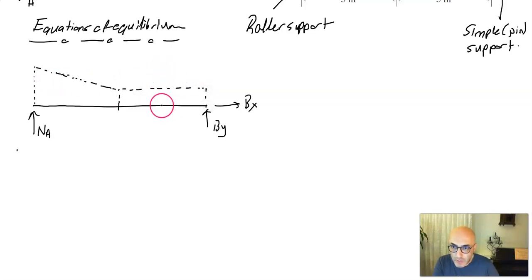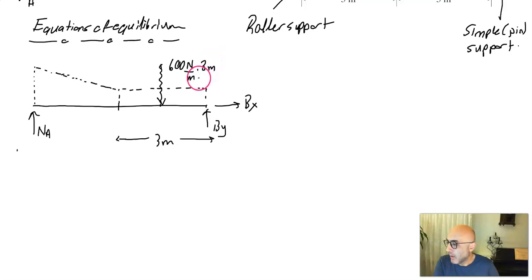So the equivalent, 1.5, I'm sorry, we have 3 meters here, so acting right at the middle here, the equivalent single load will be equal to the area of this rectangle, and that is 600 Newton per meter times 3 meters.